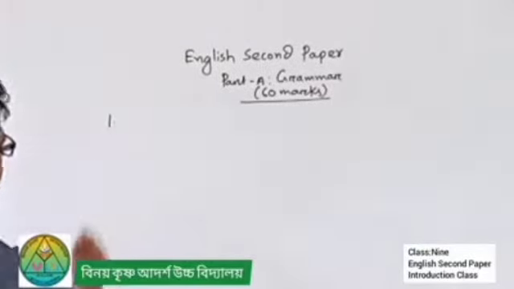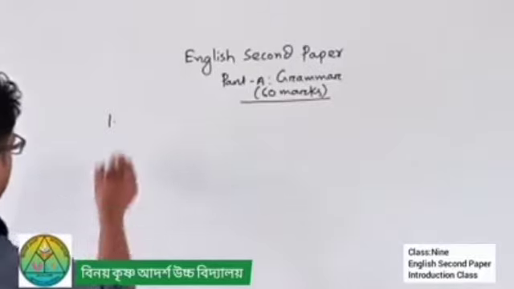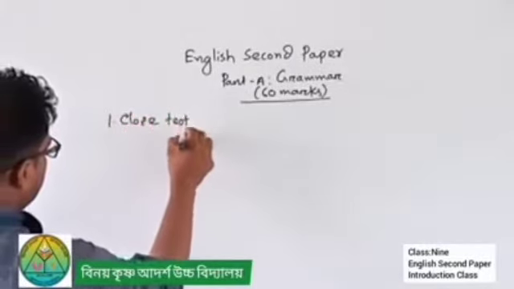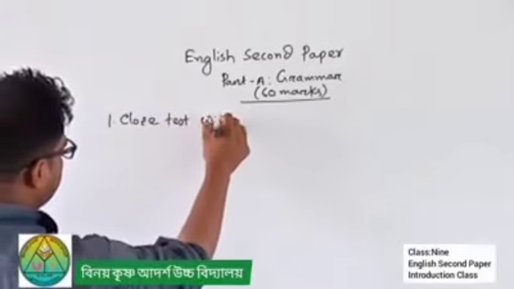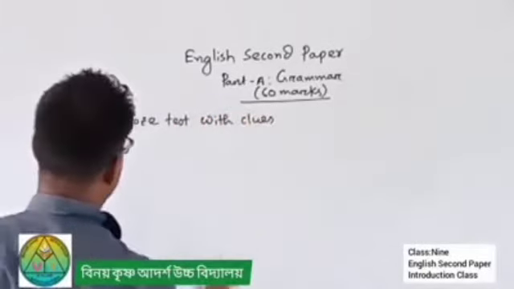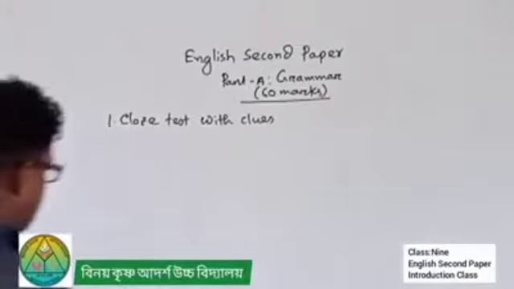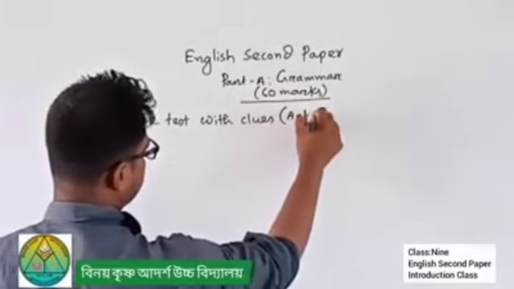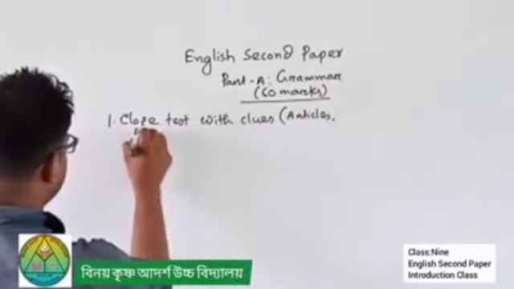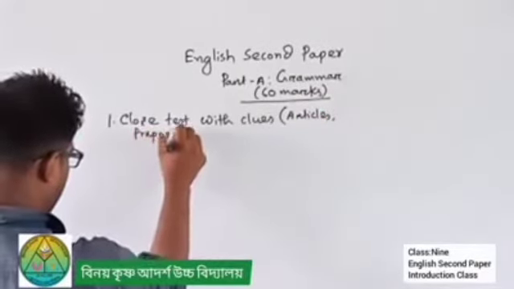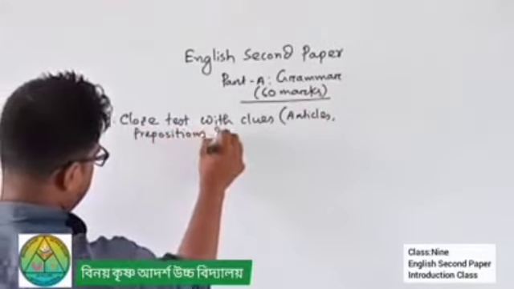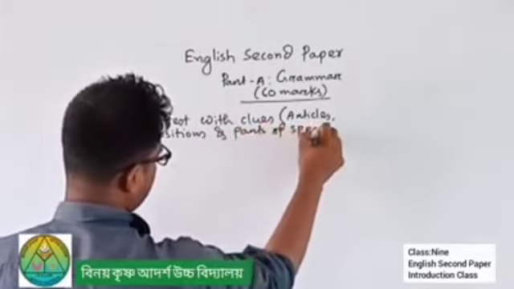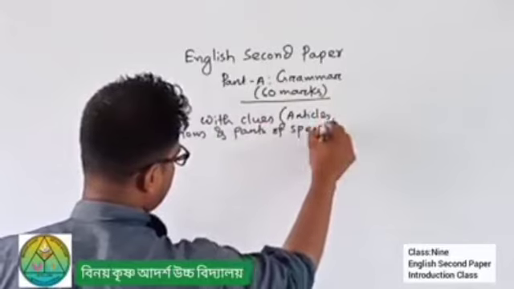At first, in question number 1, you will find cloze test with clues, that is from articles, prepositions and parts of speech.